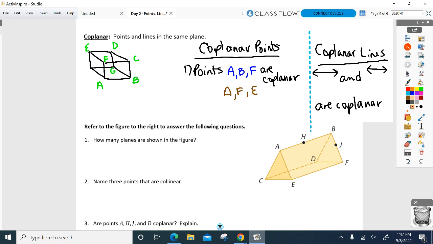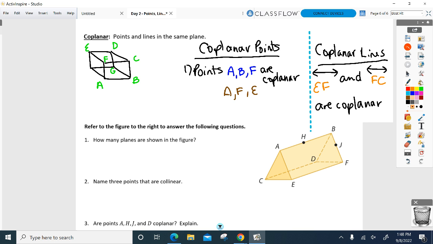Give me two lines on the same plane. E and F. Those are points. Remember, if you're going to tell me a line, you've got to say line, then two points underneath. Line EF. Okay, line EF is coplanar with line FC, the top one. Got it. Okay?